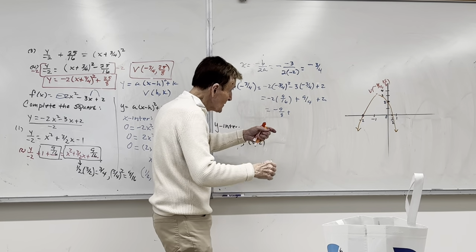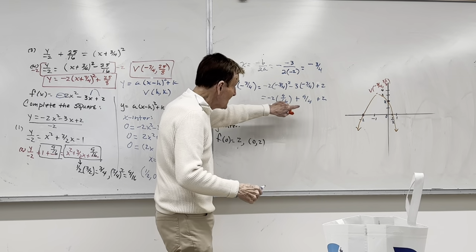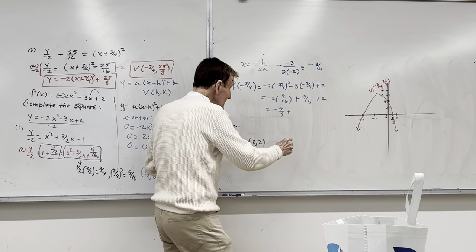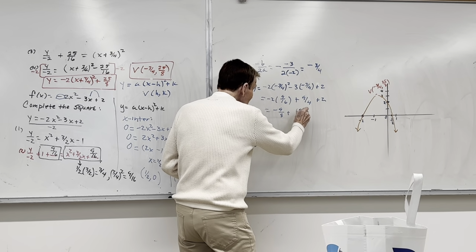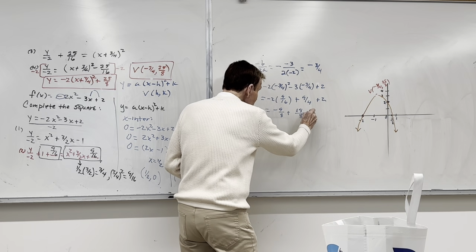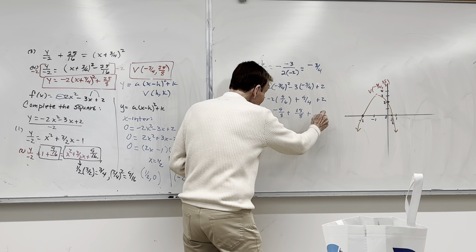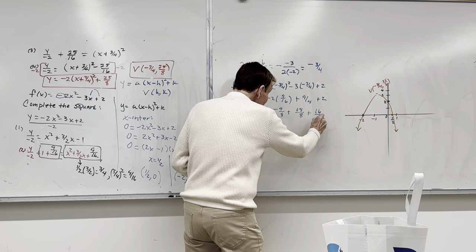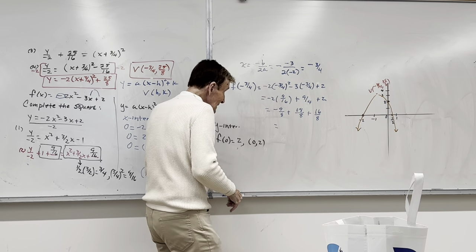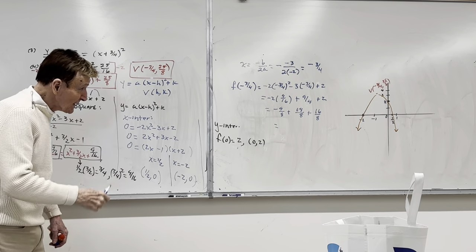9 over 4, since I eventually need a common denominator, let's get an 8 here. Let's call that 18 over 8. And a 2, let's call that 16 over 8. Since I did see a common denominator being needed.